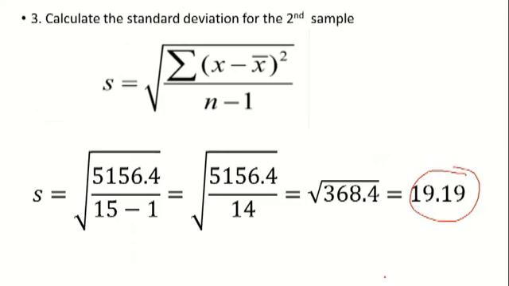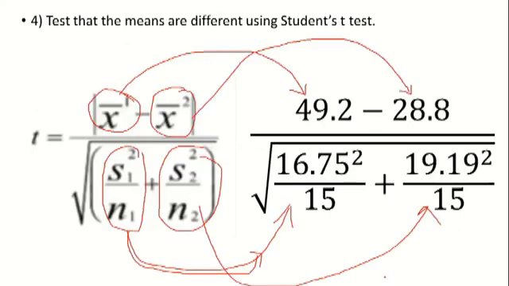Then, after you have calculated that, you come and calculate the test, the Student t-test. And you calculate now the t-test for the list, and let's see what you do now. You subtract the two means. Remember, the mean for the first sample was 49.2.